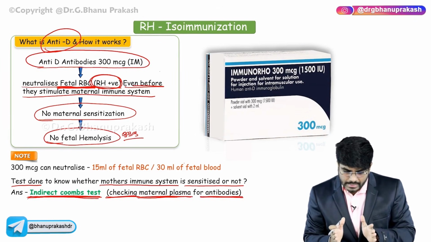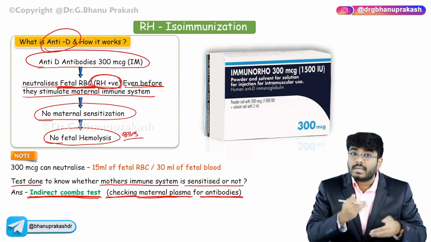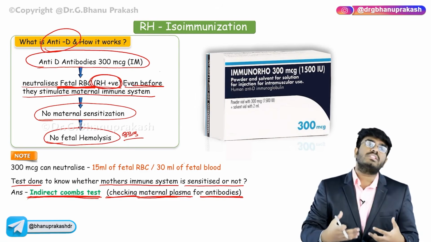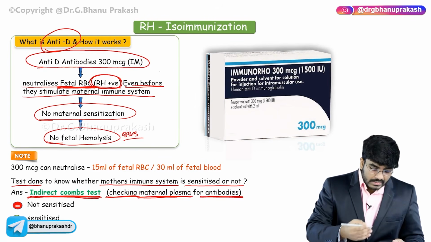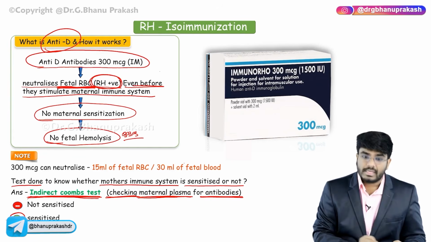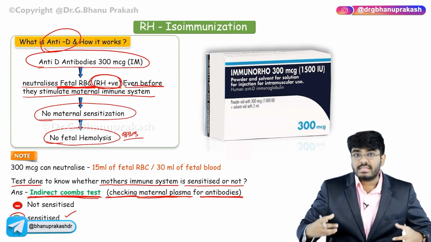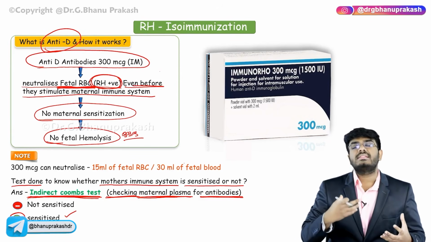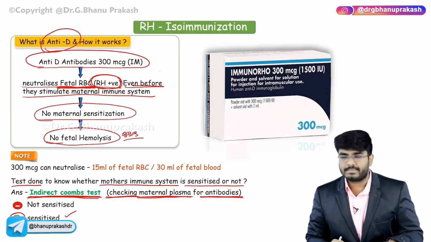If anti-D antibodies are present in the maternal plasma, it means the mother's immune system is sensitized. If the indirect Coombs test is positive, it means the mother is sensitized, which means she has IgG antibodies in her blood.